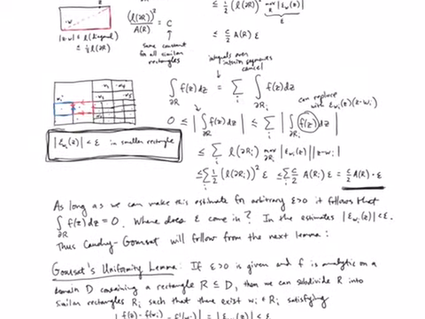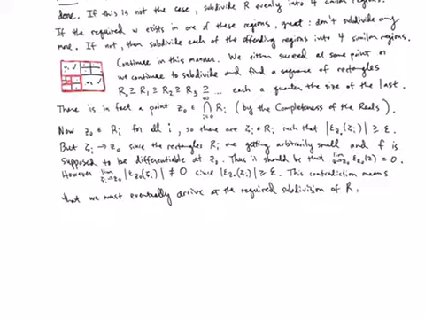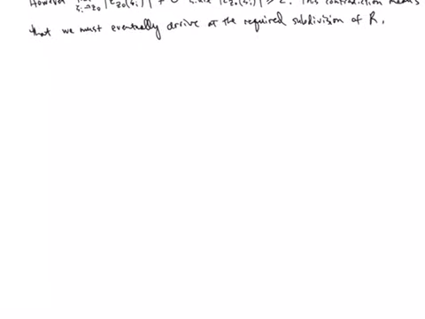Okay, so that's kind of a broad overview recap of the argument. All right. So that's the Cauchy-Goursat theorem. And remember, the integrals around rectangles of analytic functions are 0. And the next result is Morera's theorem.